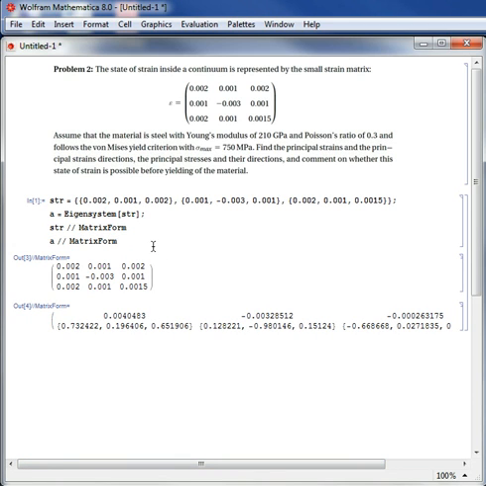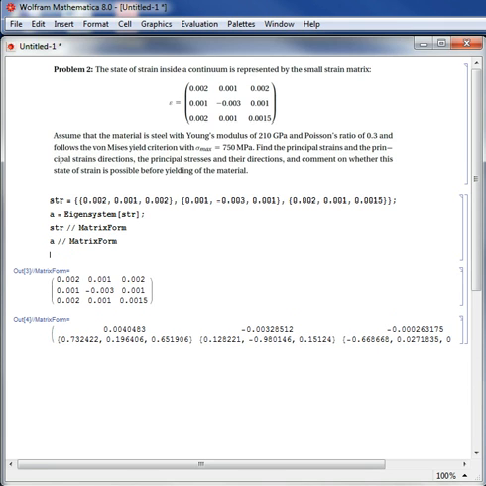In order to find the stresses, I have to utilize the constitutive relationship between the stress and strain, which in the book is given as a relationship between a vector representation of the strain and a vector representation of the stress. Now, we understand that the stress and the strain are matrices, but to relate the two, we're going to use a vector representation. For the strain, I'm going to call it the strain vector.